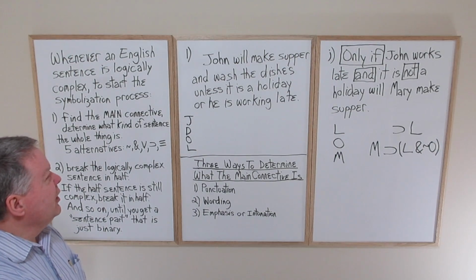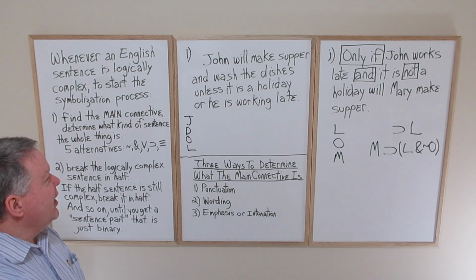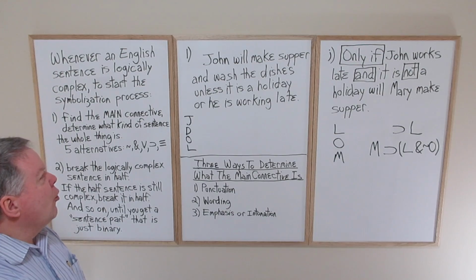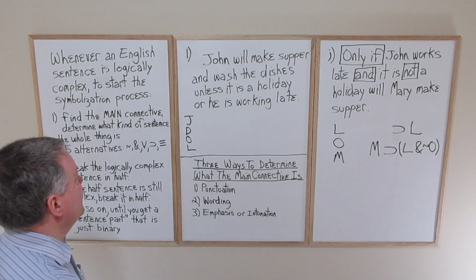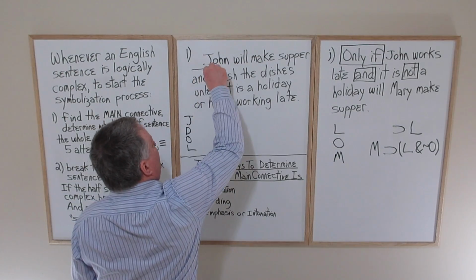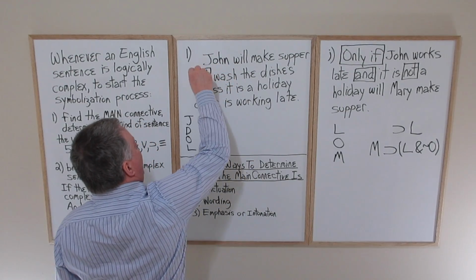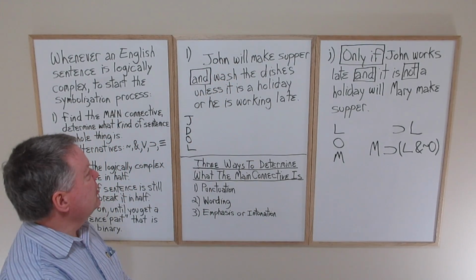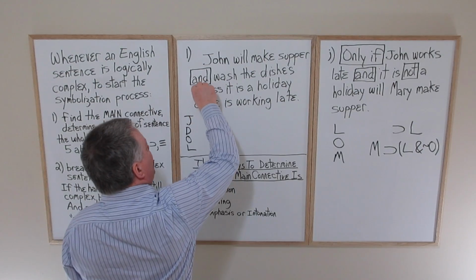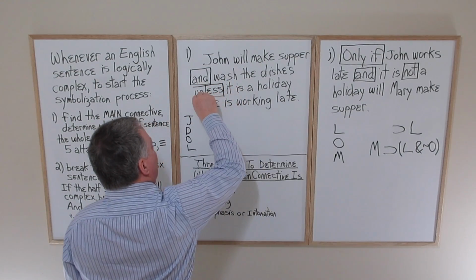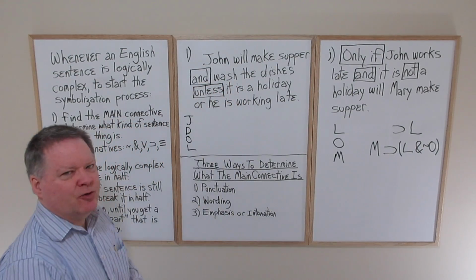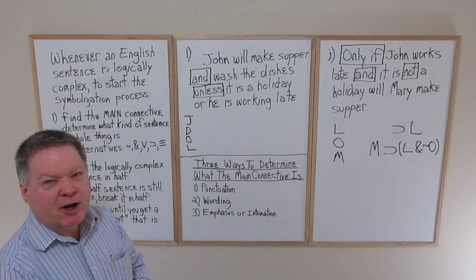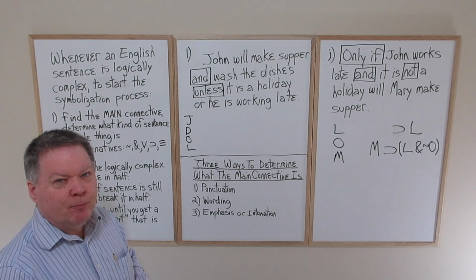Question L. John will make supper and wash the dishes unless it is a holiday or he is working late. We've got an "and" conjunctive indicator. We've got the word "unless", that's a conditional indicator, remember.